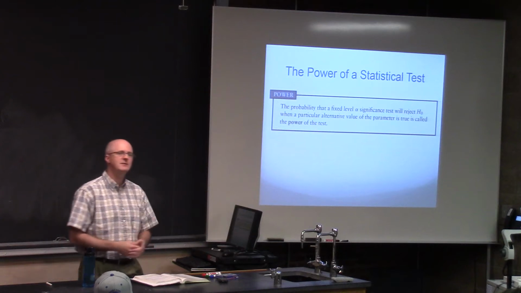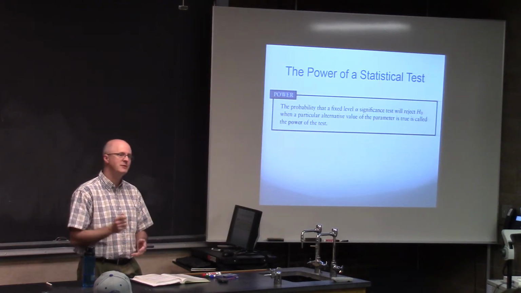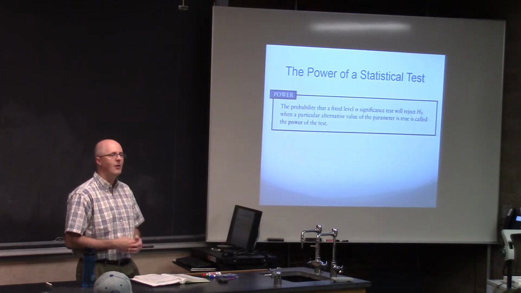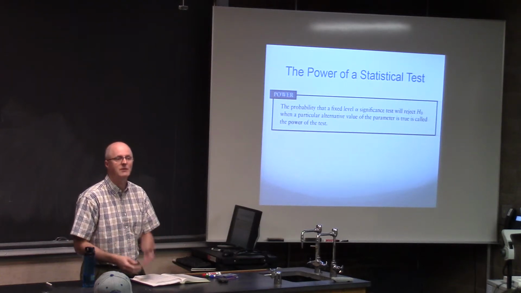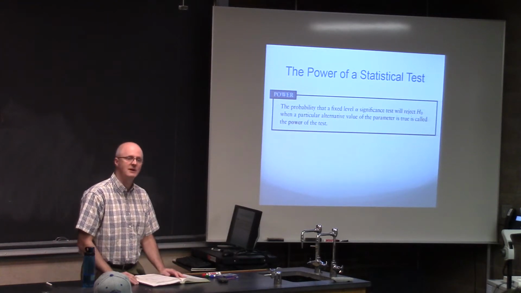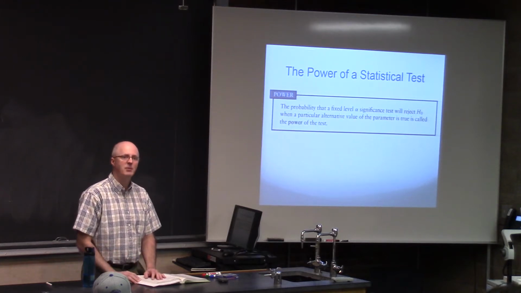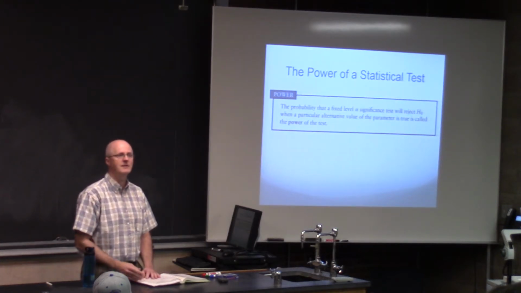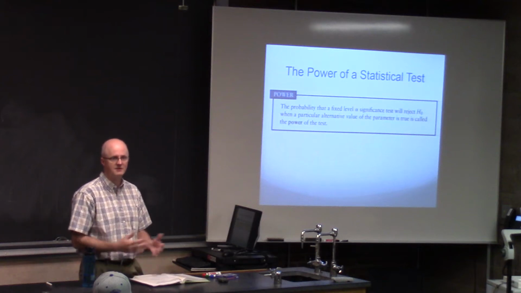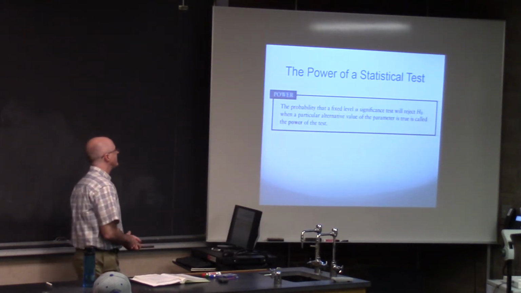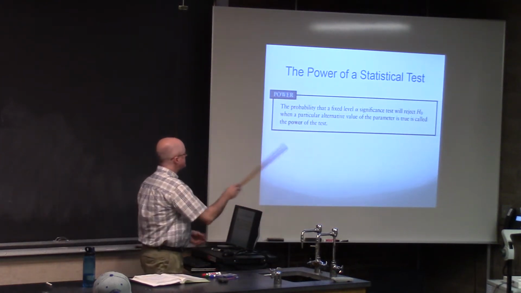You think the null's false. You hope the alternative is true. You think it's true. What are your chances of correctly rejecting the null when it is false? What are your chances of correctly convicting that person when they really are guilty, when the assumption of innocence is a false assumption? That's the power. It is a probability.